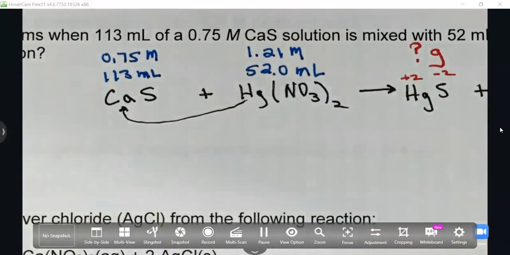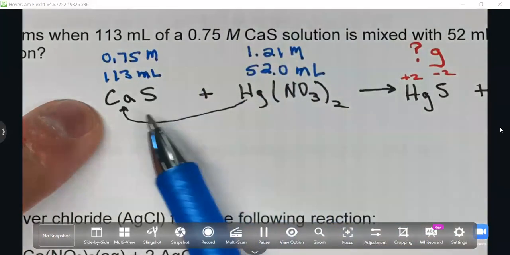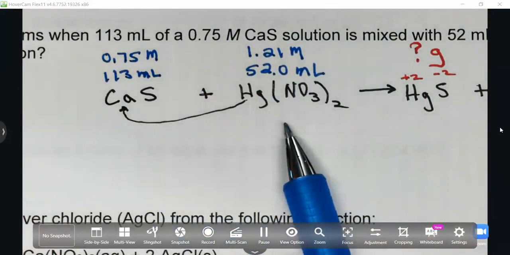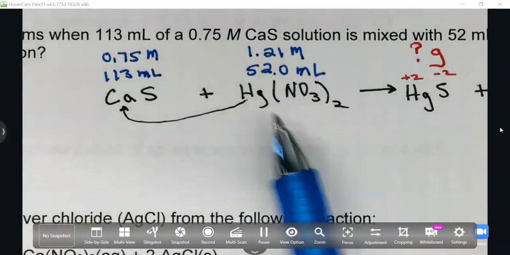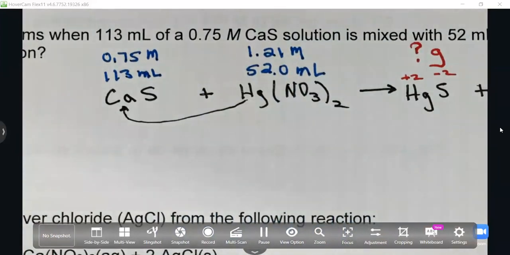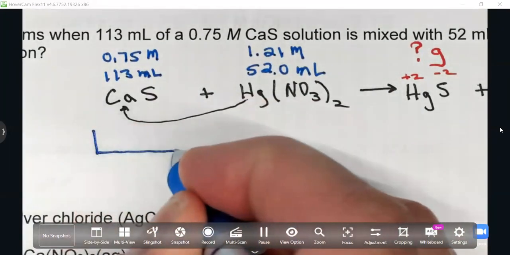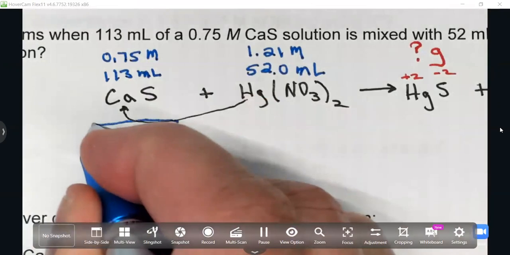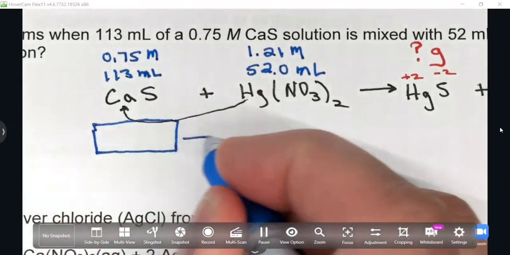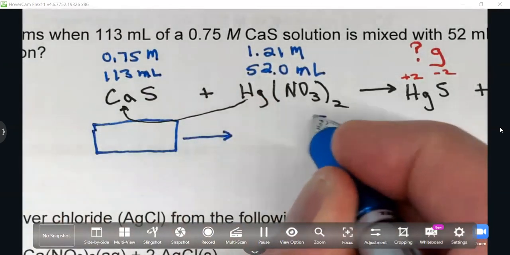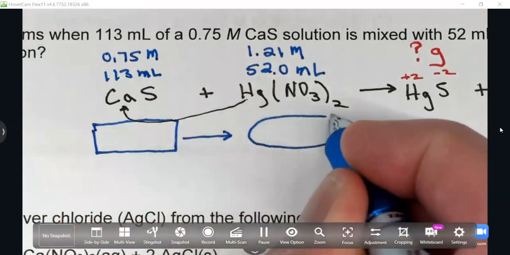Which again isn't so bad because we're going to get moles and moles to figure out which one's limiting. And we don't need a periodic table to get this much of it. So how many moles of this do we have? How many moles of this do we need?